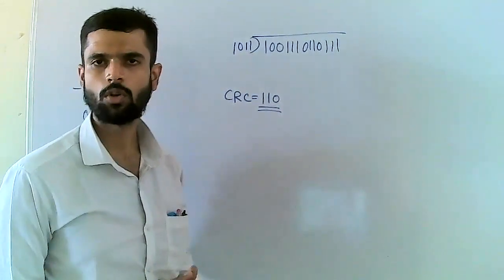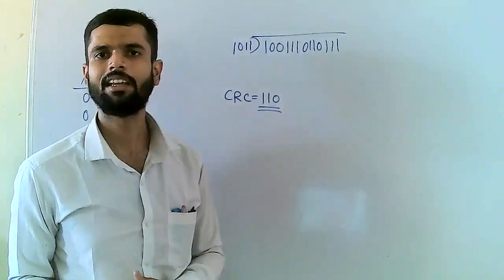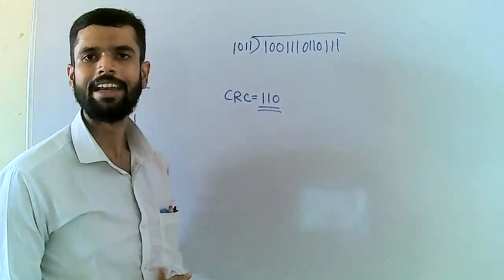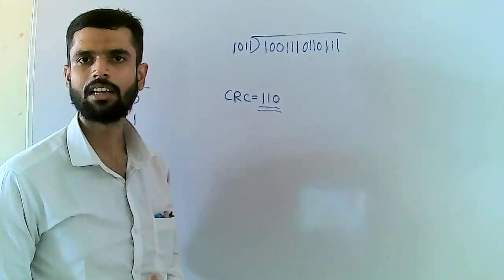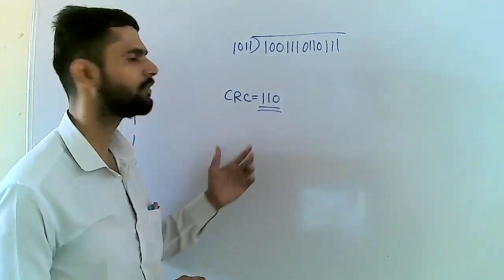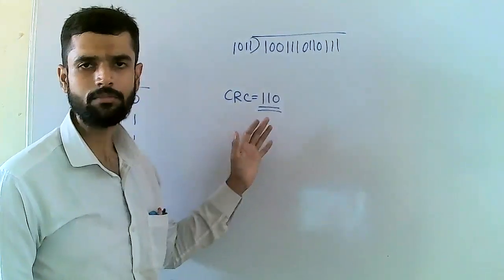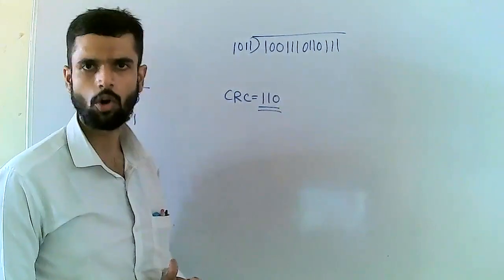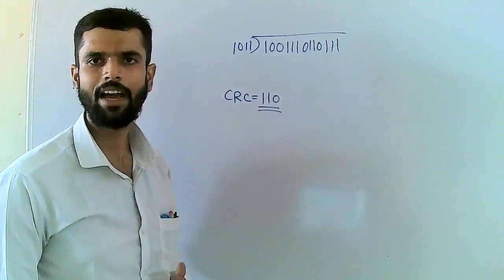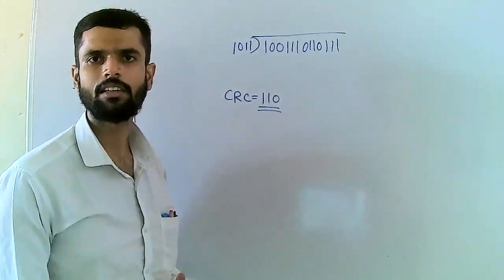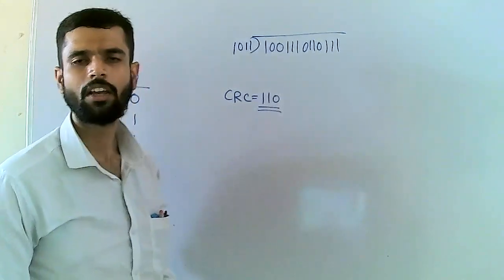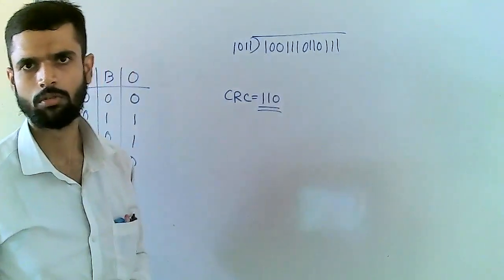So if the remainder is non-zero, then at the receiver end, it will be acknowledged that the data sent by the sender consists of some error. Why error? Because at the receiver end, the remainder is non-zero. So the receiver will simply request the sender to send the data again from the beginning. Okay? And that's what we wanted to prove.